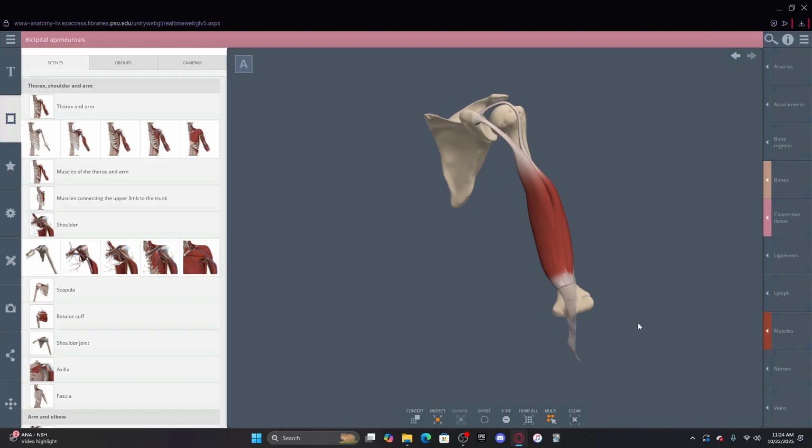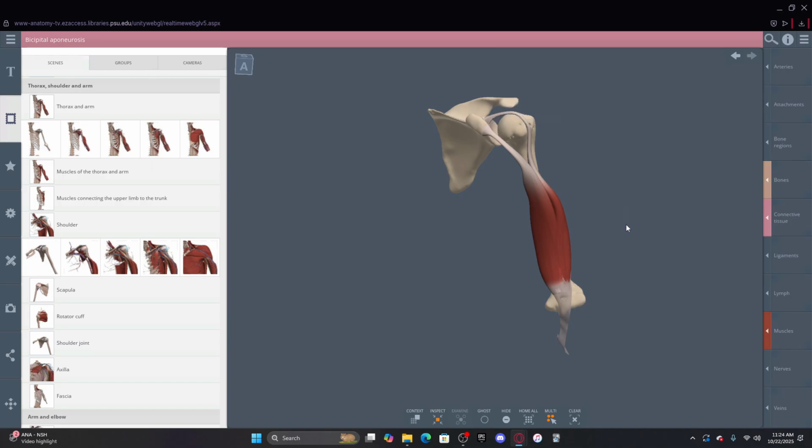Like I said, it has two heads. The short head is going to the coracoid process, and then the long head is going above the glenoid fossa. So this is the glenoid fossa here. You can see the long head is going above the glenoid fossa. These two muscles are attaching to the radial tuberosity and the bicipital aponeurosis.